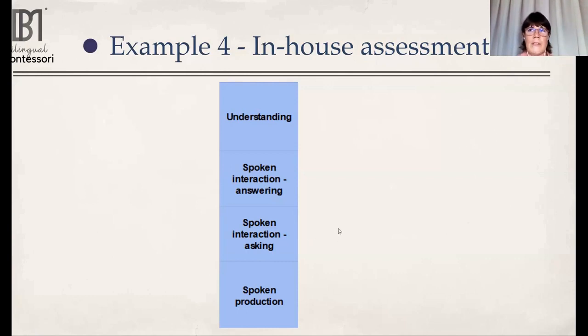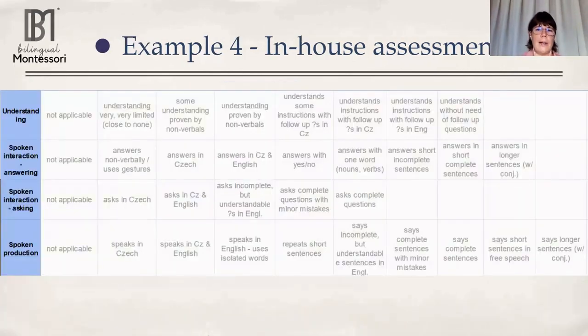And how to convert this verbally noted information that I write down into some data? I created these scales where I try to write down all the tiny baby steps within each of the language skills.